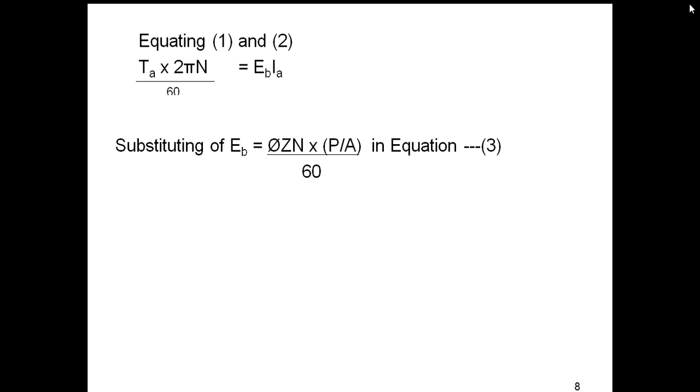If we substitute this EB equation in the above, we get TA into 2 pi N by 60 is equal to phi Z N into P by A by 60 into IA.